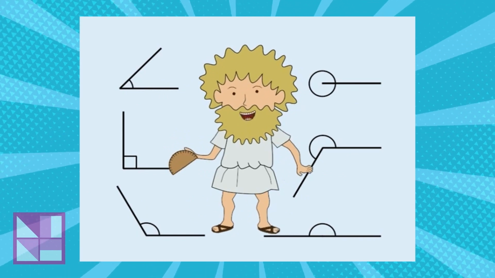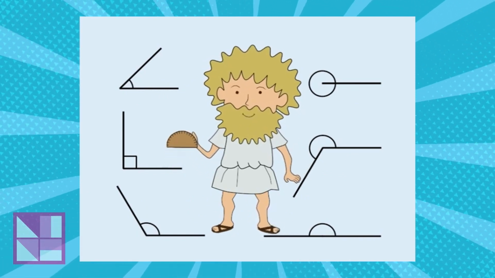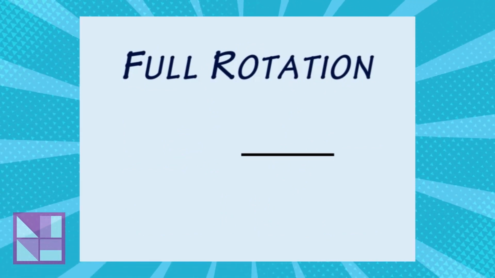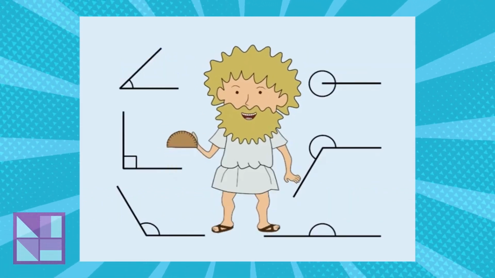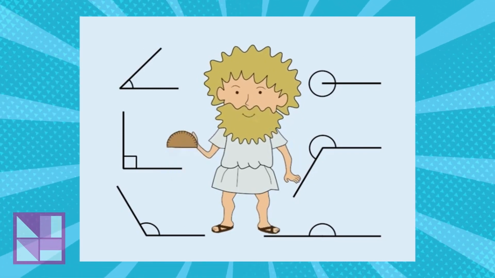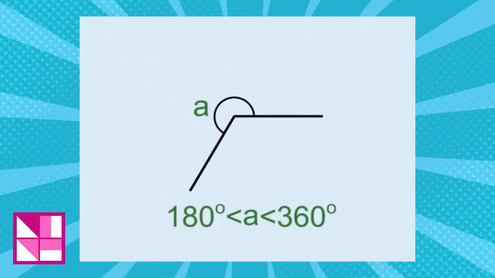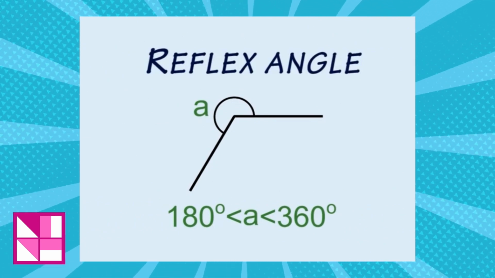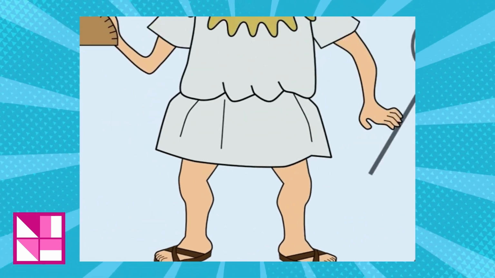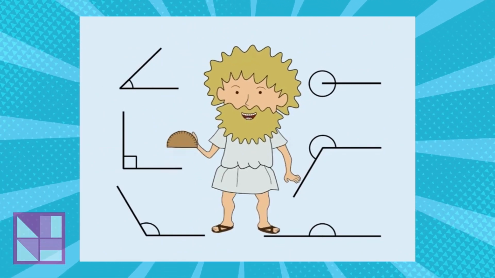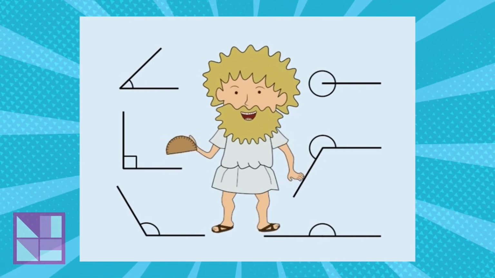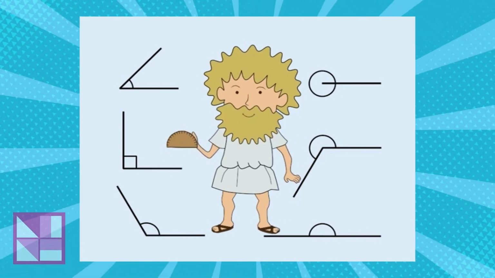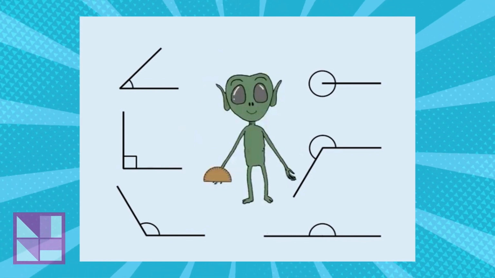Come on, angles, don't you tangle with me. A full rotation, if you please, spins around 360 degrees. Come on, angles, don't you tangle with me. But if you're only greater than 180 degrees, I know you're a reflex angle, like my bended knees. Come on, angles, don't you tangle with me. Give me my protractor back, please.